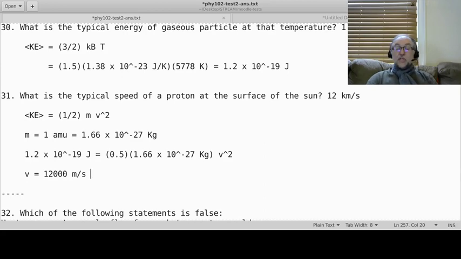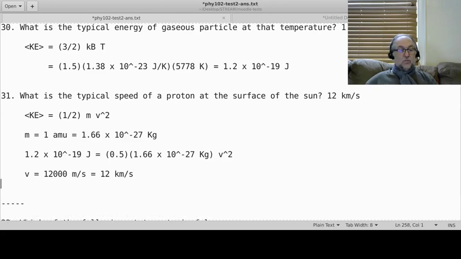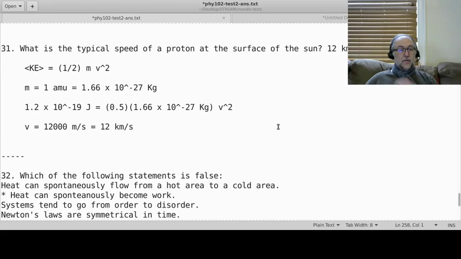And that's really fast. That's extremely fast. In fact, you can move the decimal over 3, and you had to match the answer. It was 12 kilometers per second. So yeah, 12 kilometers every second. That's how fast protons are moving at the surface of the sun.